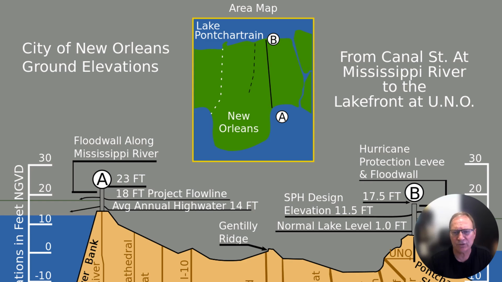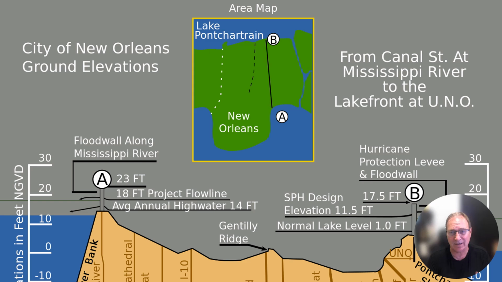So I think I've shown you this image before, but the main point I want to make here is if I looked across the Gentilly Ridge over to the University of New Orleans, and then to my left, as you're looking at the screen, I saw the Mississippi River.